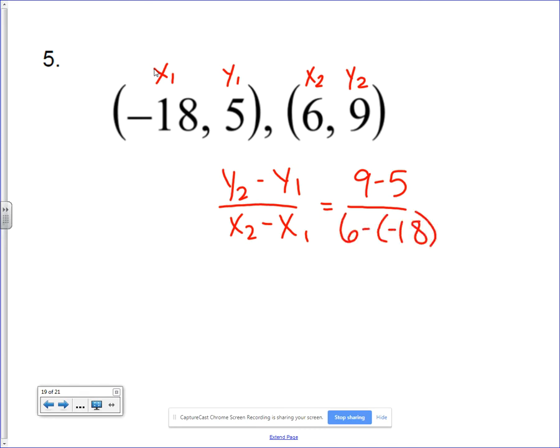Negative 18. 4, she tells me on top. Numerator. How about the denominator? 24. What is 4 over 24? That one is 1/6. Calculator will do all that reducing for you. You just got to let it.